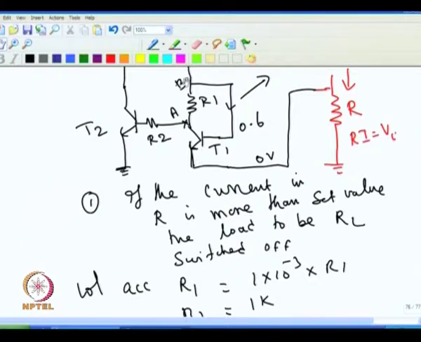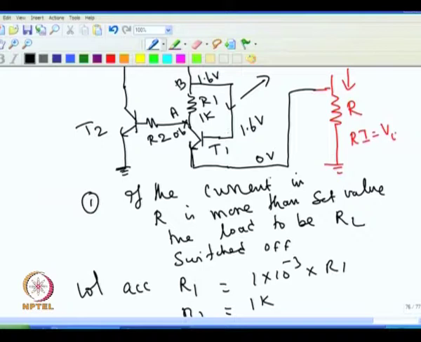Then if the entire 1 milliampere flows through this, and I take this as 1K, and this requirement is 0.6 volt at this point, then 1 volt across this will make it 1.6 volt. So, that means the base is at 1.6 volt.